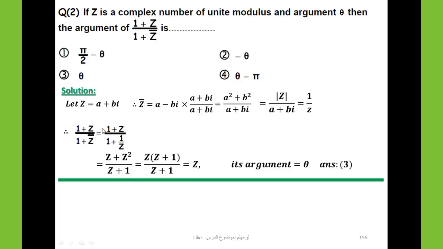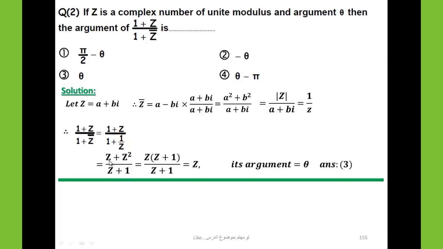Now, to simplify this fraction, multiplying up and down by z. Z multiply 1 equals z. Z multiply z equals z square. Z multiply 1 over z equals 1.